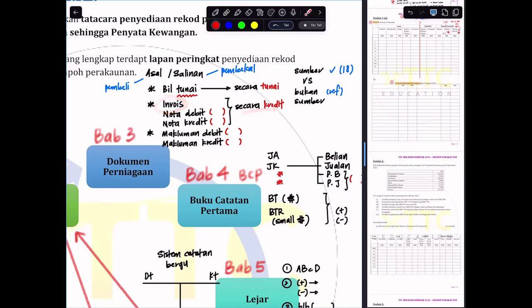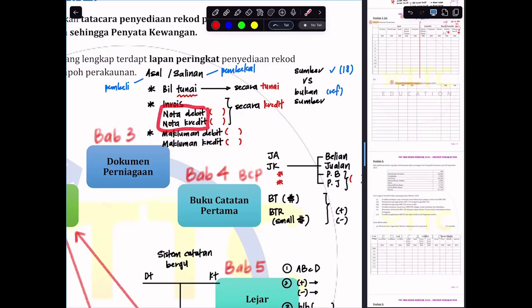But after you send out the invoice, is it possible that two days later you find out that you kurang charge or lebih charge? You want to do some adjustment on the invoice. Is it possible for you to collect back the invoice from the customer, do the correction, and resend it to them? No, right? So you will need to use either nota debit or nota credit to update the adjustment.